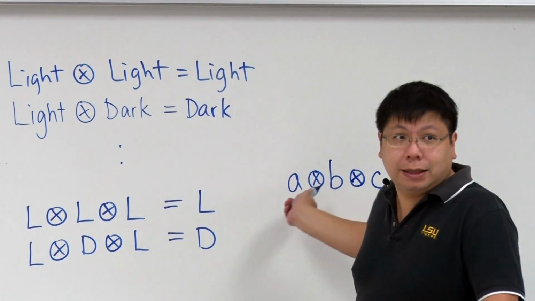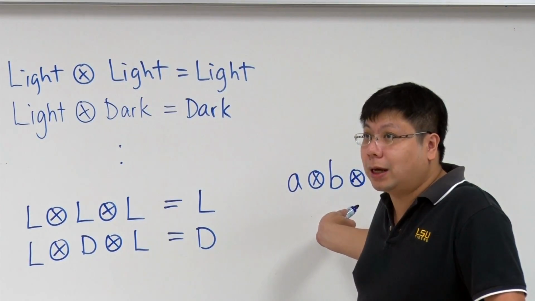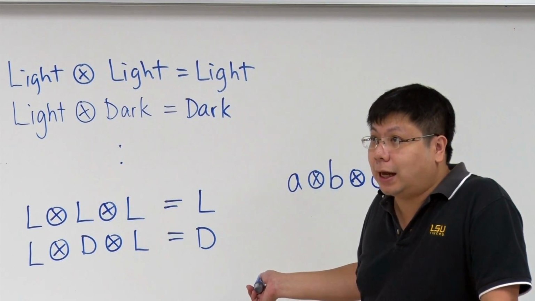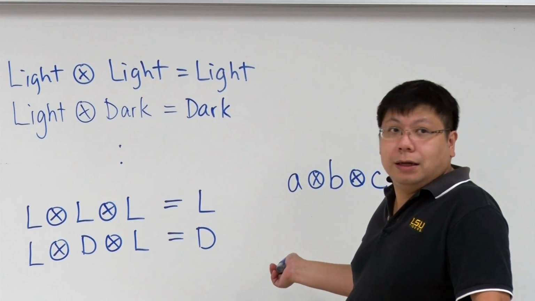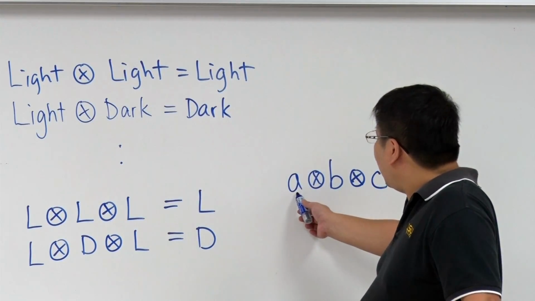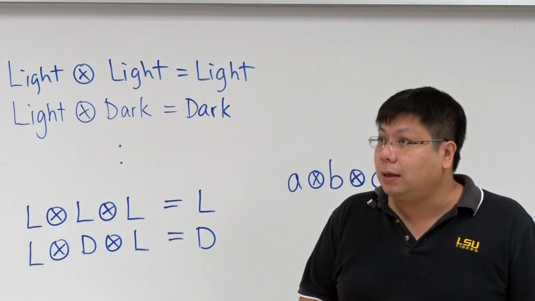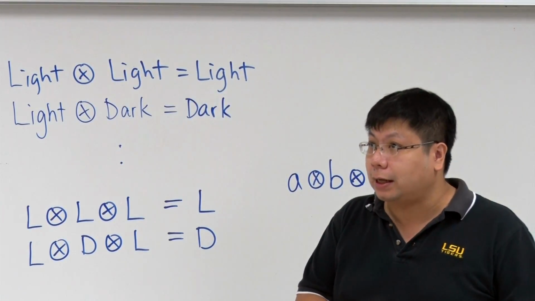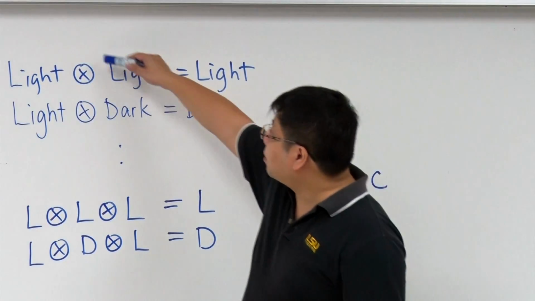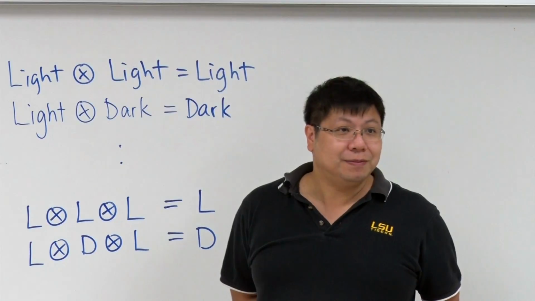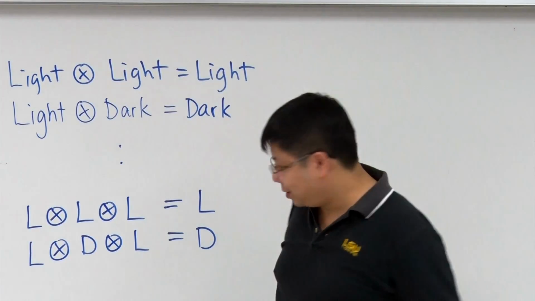If there is a dark inside, you get a dark, and in that case, no matter which part you apply first, you get a dark in the end. On the other hand, to get a light, everything has to be light. Then in that case, no matter which part you apply first, you get a light. So this operator is also an associative operator. Is that okay? Okay, good.